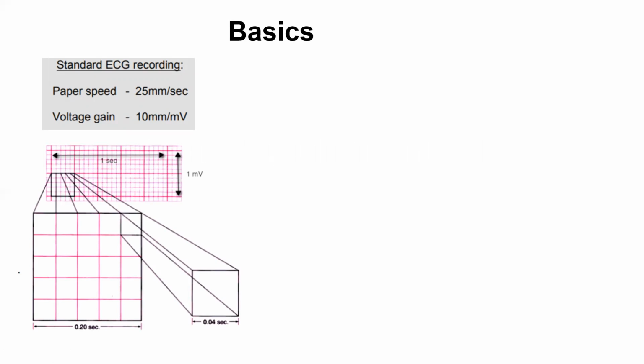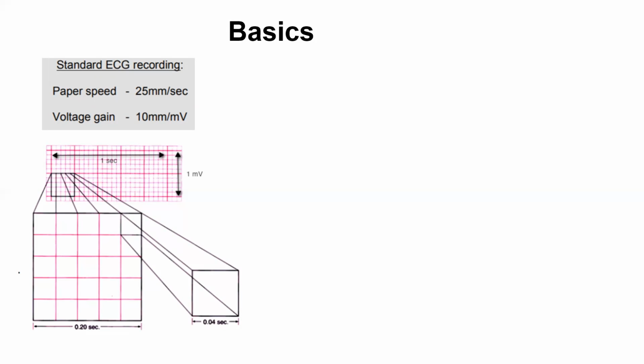In the standard EKG paper, there are 5 times 5 small squares in the big square, and the x-axis stands for the time, and the y-axis stands for the voltage. The horizontal line in the small square is 0.04 second, while the vertical line stands for 0.1 millivolt.